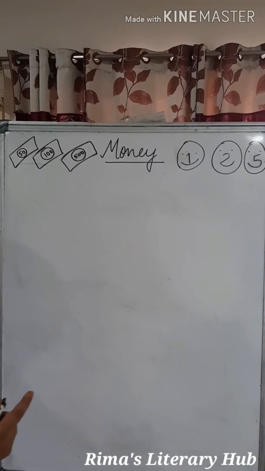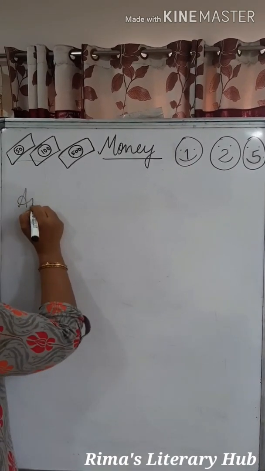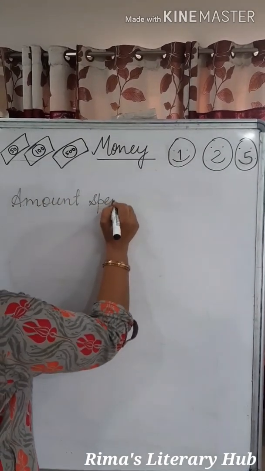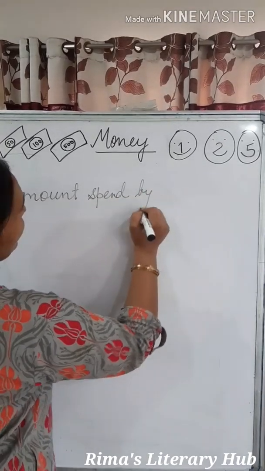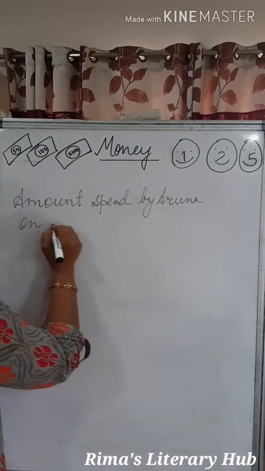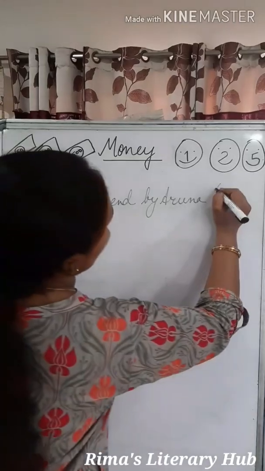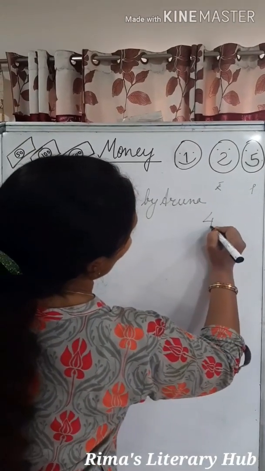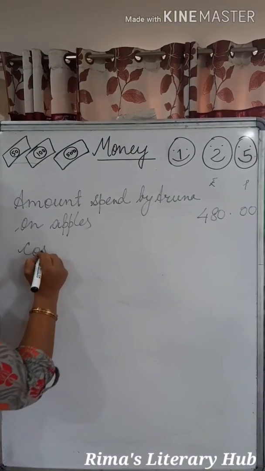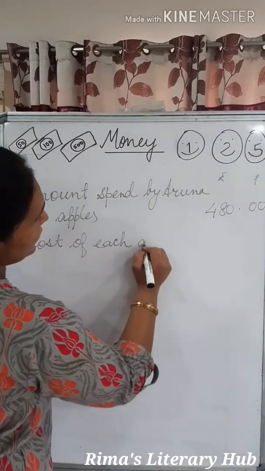So Aruna spends rupees 480 on apples. Amount spent by Aruna on apples. Rupees 480.00 paise. Cost of each apple.